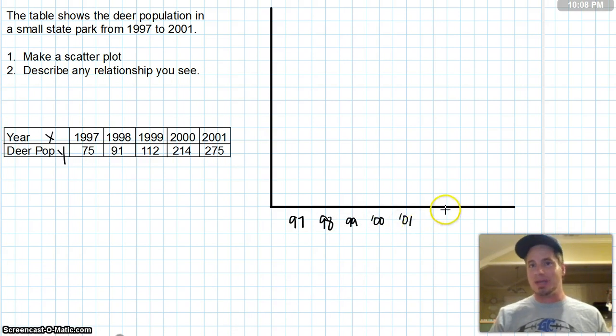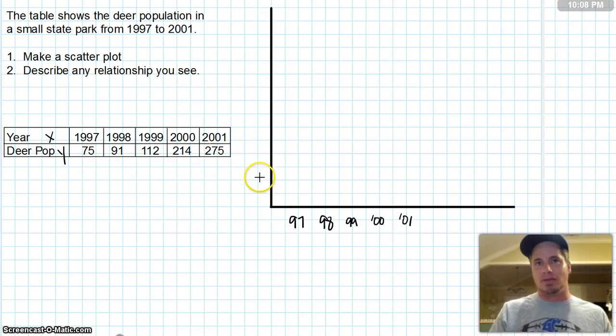Now I could have gone 3, I could have gone 4, I could have done it any way I wanted to. Okay, now my data goes from 75 on the y-axis, 75 to 275. So I'm going to go by 50s here. Every other line, well, I'm going by 25, so every 2 lines will be 50. There's 50, there's 100, there's 150, there's 200, and there's 250, and this will be 300.